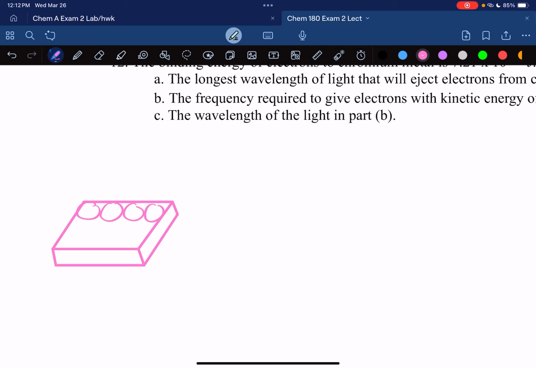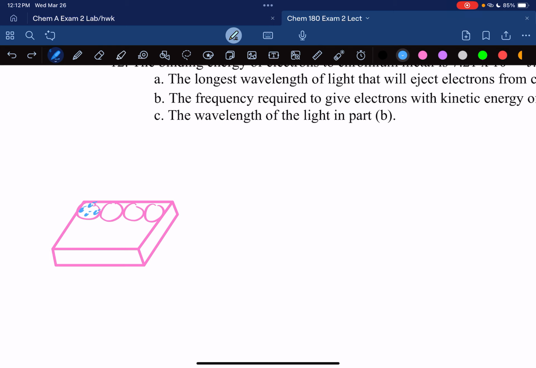So these electrons actually are attracted to the nucleus. We call that the binding energy, how much they are attracted to the nucleus. So it's bonded to the surface, you can think of it.